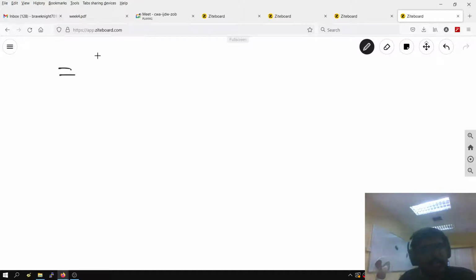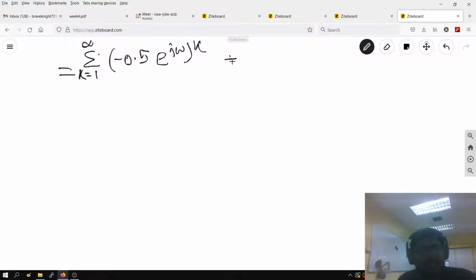I can write it once more: k equal to 1 to infinity, and now I'm taking this 0.5 factor and e to the power j omega factor, and it is to the power k, plus k equal to 0 to infinity, and this becomes minus 0.5 e to the power minus j omega to the power k.